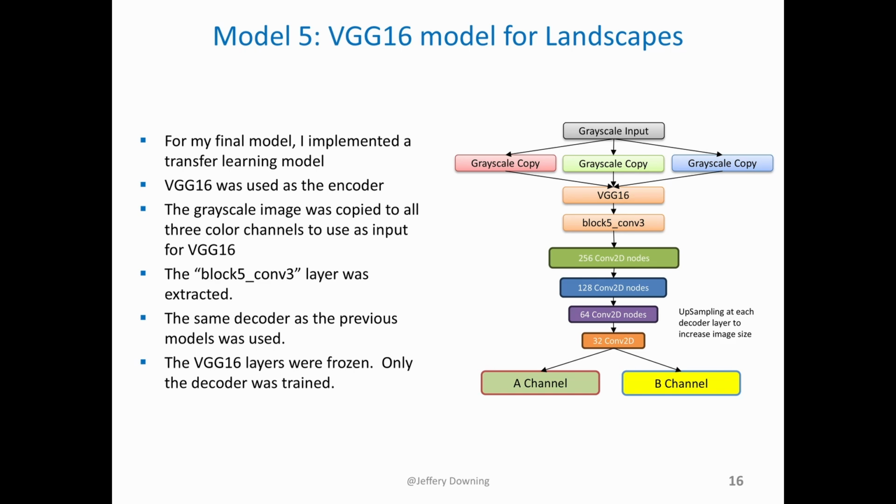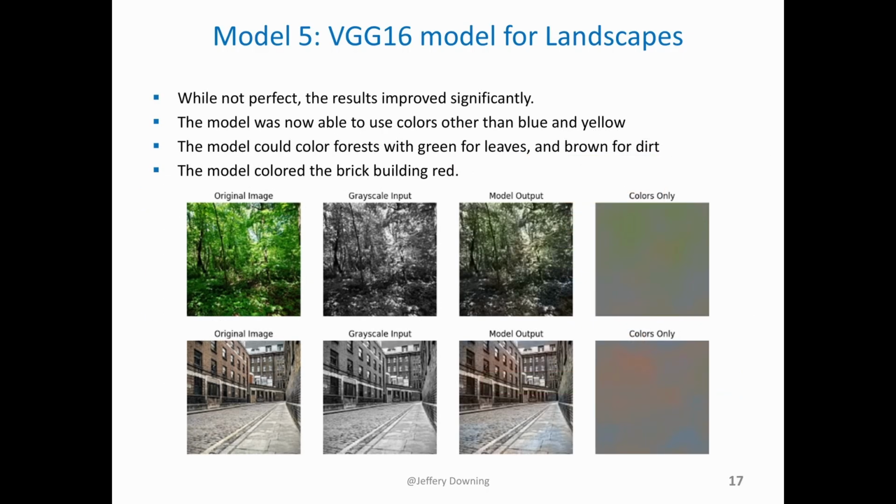And so I froze the VGG16 layers, and so only the decoder was trained. And while the results are not perfect, the results did improve significantly. The model was able to start using other colors other than blue and yellow. So it's clear the model was able to start identifying different kinds of environments.